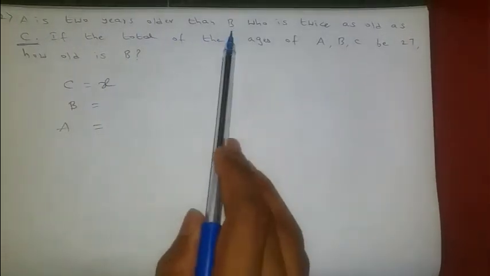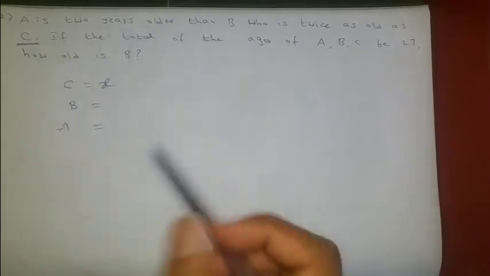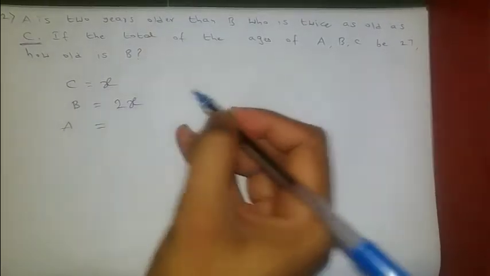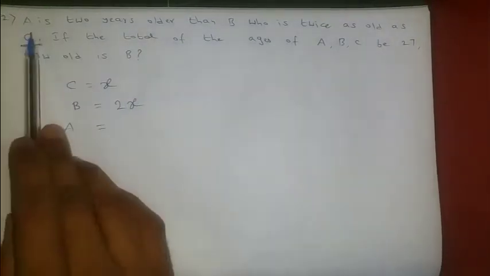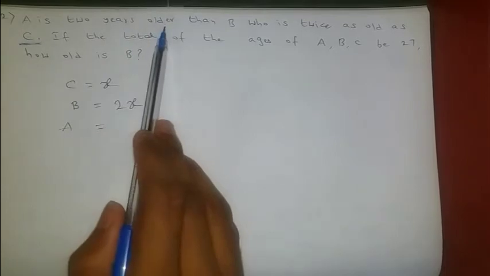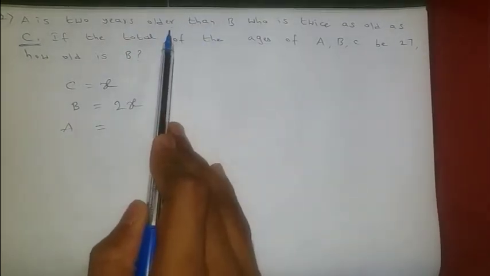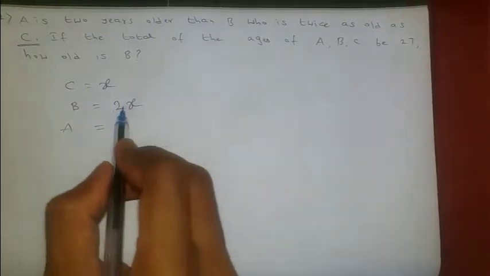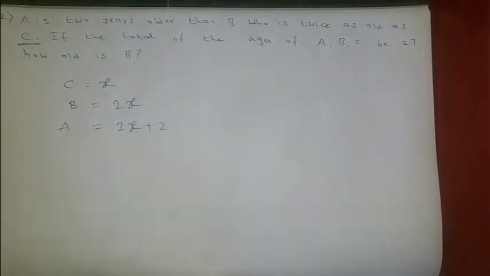B is twice as old as C. So if C is x years, B will be double or twice of C, that is 2x. A is 2 years older than B. Older is nothing but bigger. So plus 2 years bigger than B. So B is 2x. Then A will be 2 years bigger than him. That is 2x plus 2.